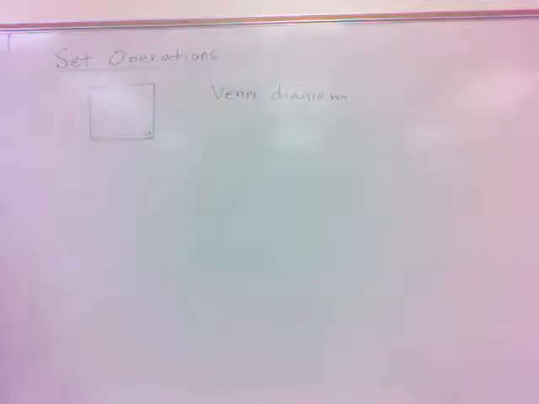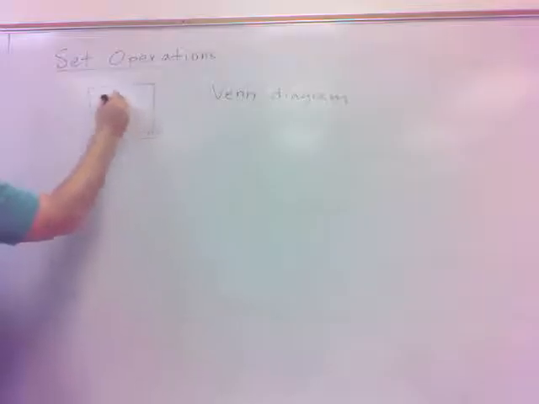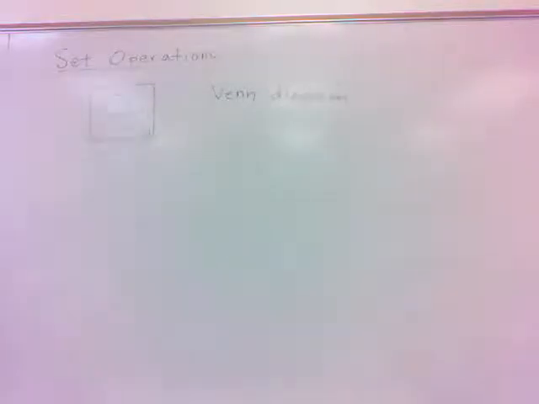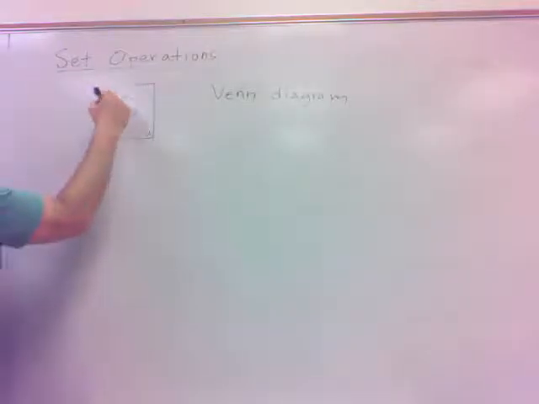That's everything you're considering, so the rectangle contains everything. Then you put sets in here as ovals or circles. The book uses circles, but mine tend to be more of an oval. You don't have to use circles, you can use other shapes, but most of the time they're circular.